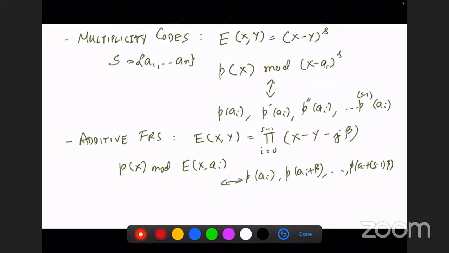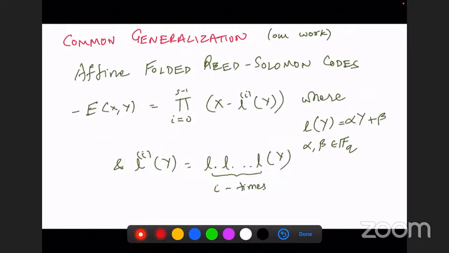And in case of additive FRS, L(y) is y plus beta, because if you apply L twice, then you'll get y plus 2 beta and so on. So this is a common generalization, and we'll see that later we are able to prove results which were known for these specific cases even in case of affine folded Reed-Solomon codes.